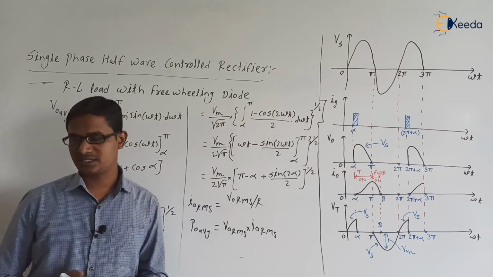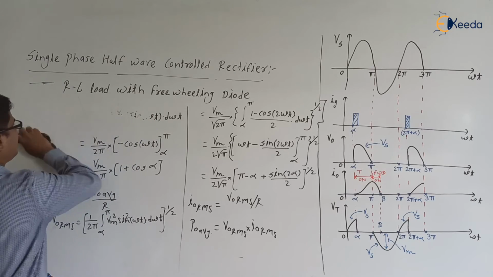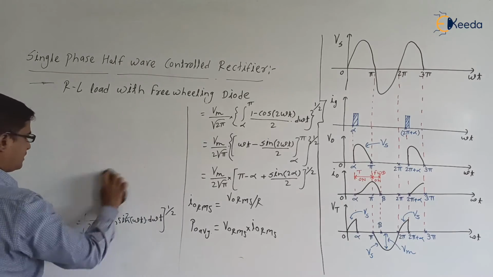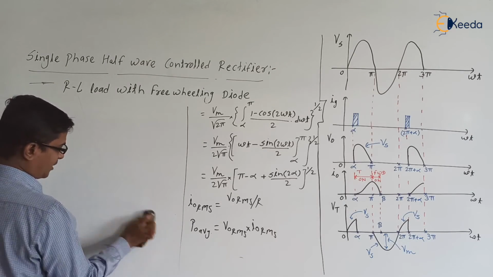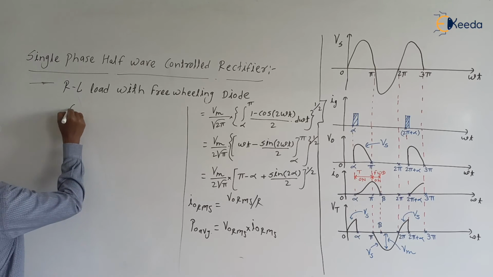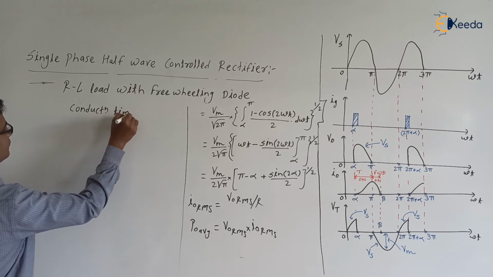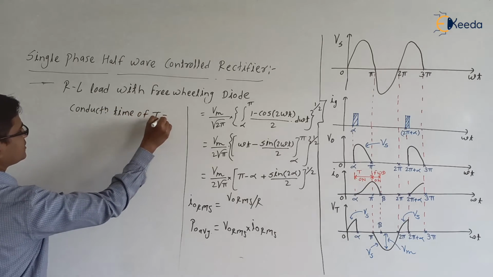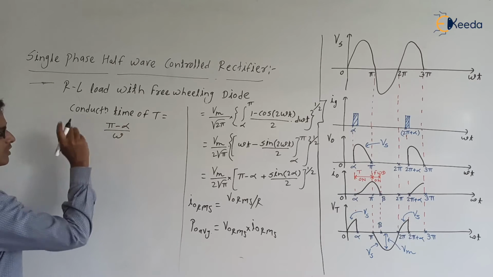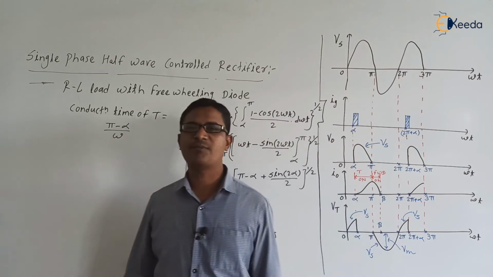Next, what is the conduction time of thyristor T? If you check the waveform, you will understand. Thyristor T will be in the on state only from alpha to pi. So the conduction time of thyristor T is pi minus alpha divided by omega.